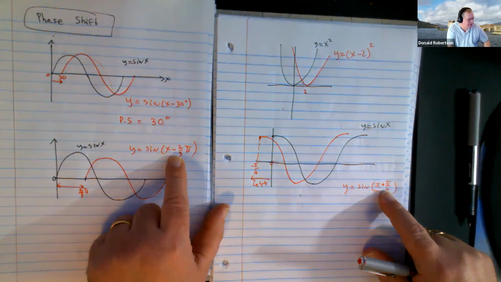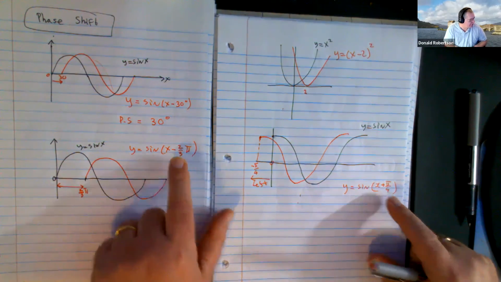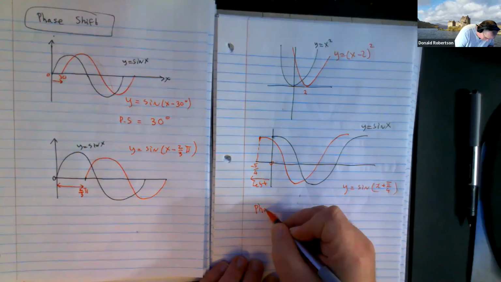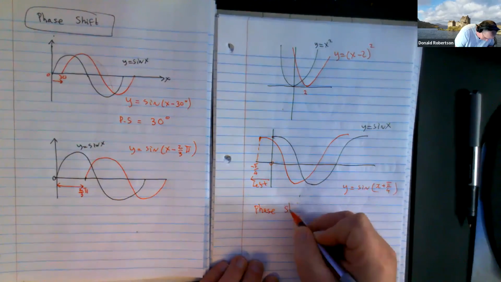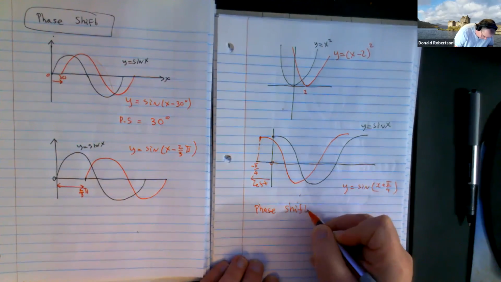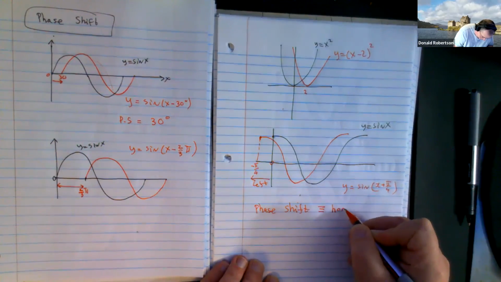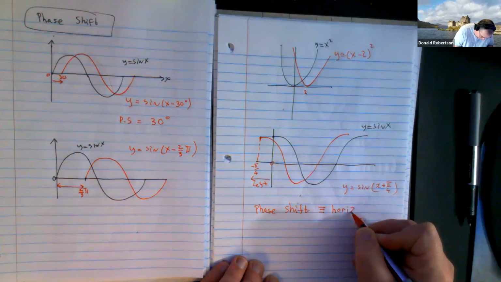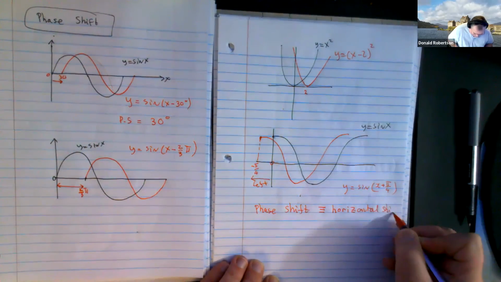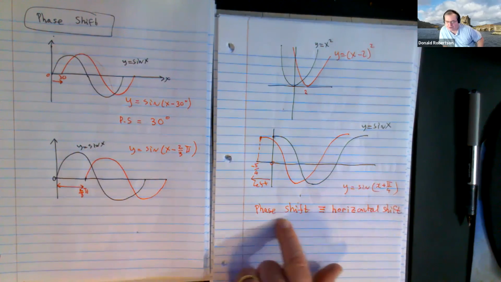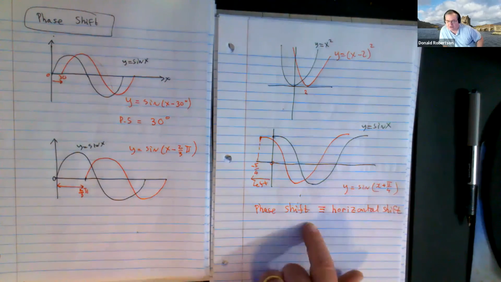So are we comfortable at least with what phase shift looks like? Write that one down, because it has another name that you're going to see. I don't like this name because that's the name you're going to see in physics and chemistry when you actually do stuff with this.